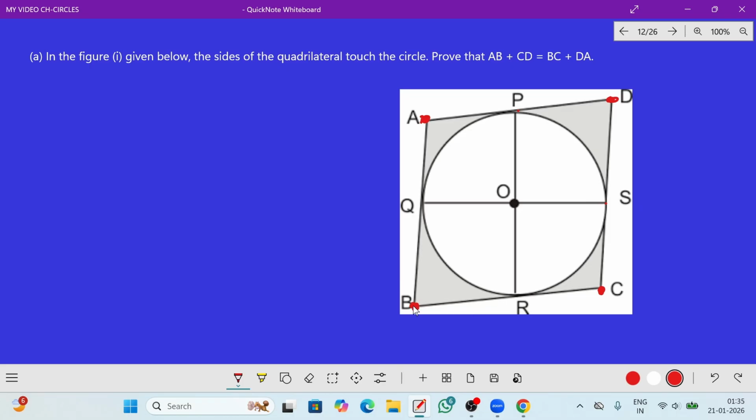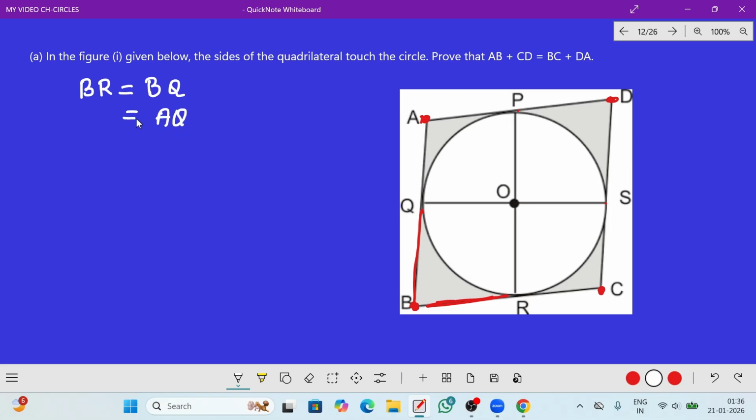Now we know that tangents from an external point are equal. So what we can write, BR is equal to BQ. Then we can write next, AQ is equal to AP.